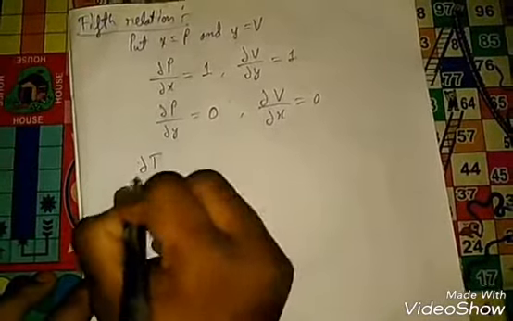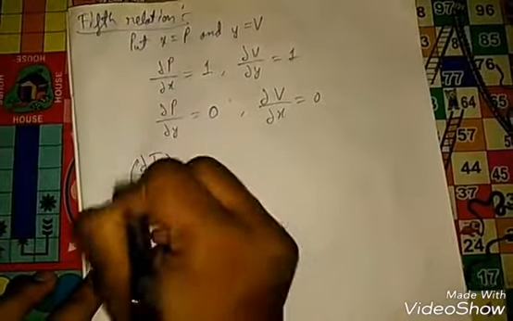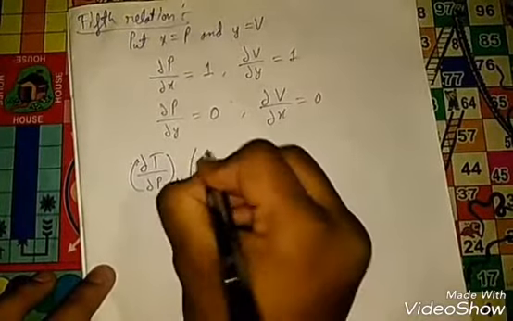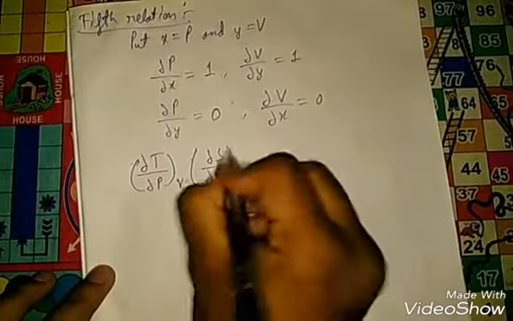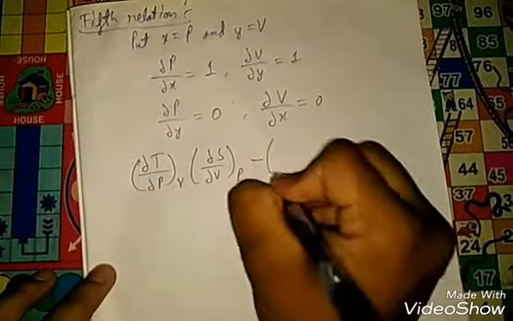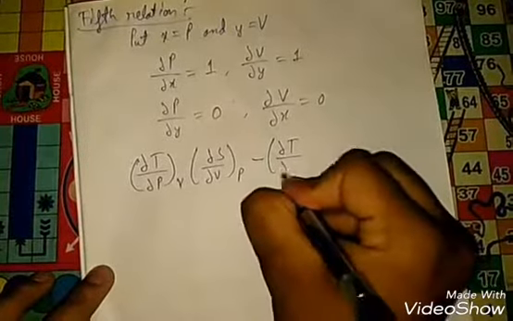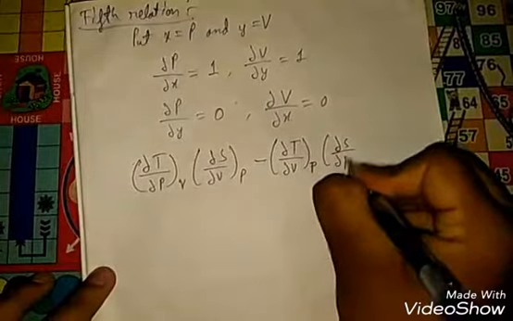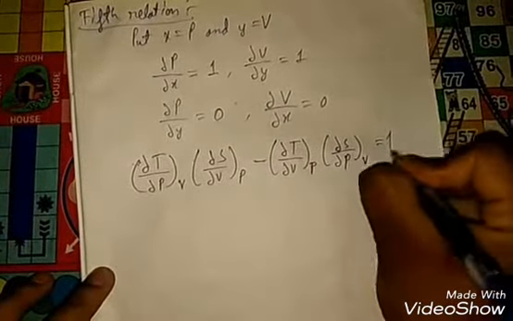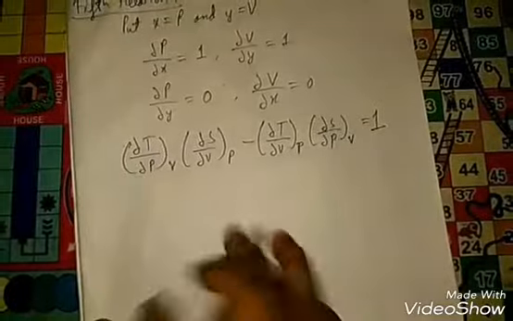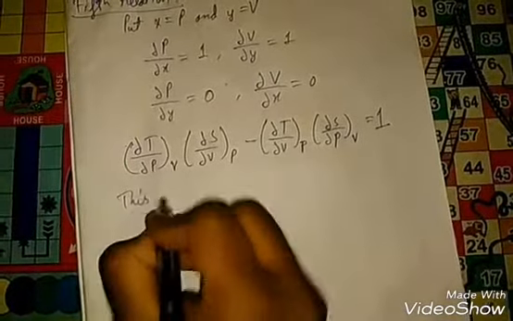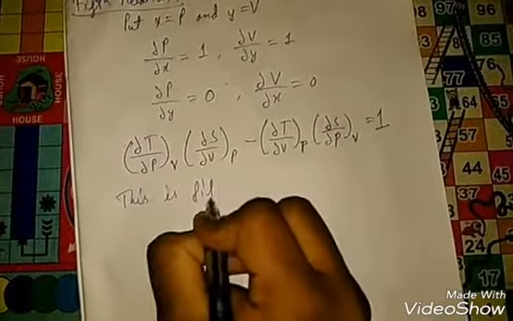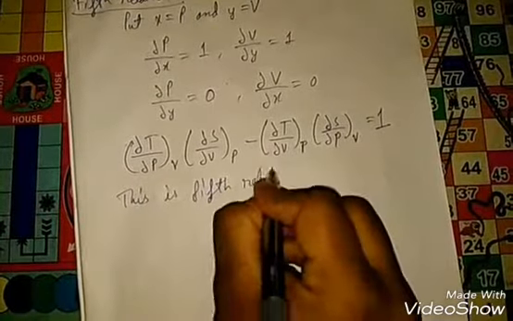Now substituting these values, we will get a relation like this: del t by del p keeping v constant, del s by del v keeping p constant, minus del t by del v keeping p constant, del s by del p keeping v constant is equal to 1. This is the fifth relation.